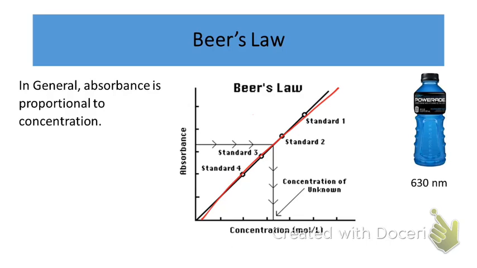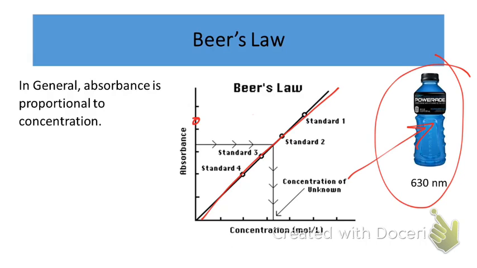Okay? Now, what we can do then is use this graph to determine the unknown concentration of our sports drink that has blue dye number 1 in it. So if we know the amount of light that the sports drink absorbs, then we can find it on our plot. Okay, this is the amount of absorption, and we can then determine the amount of concentration that it is.